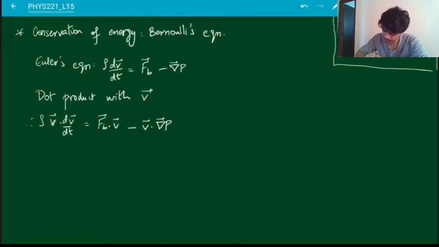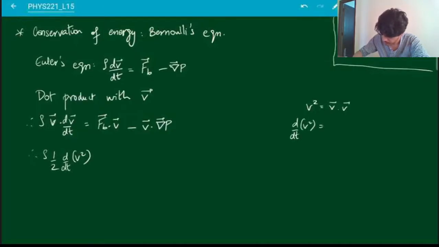Now this thing over here on the left hand side, notice that this is just half d by dt of v square. Why is that? Because v square is just v dot v. So the derivative of this is v times dv by dt plus dv by dt dot v.